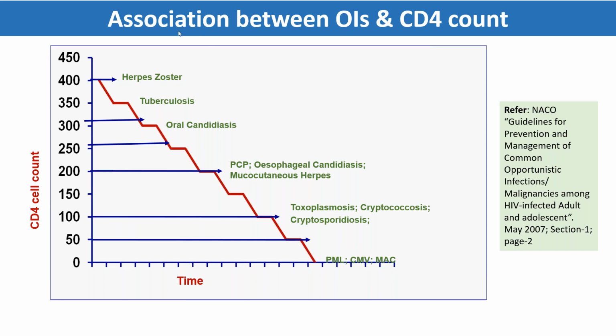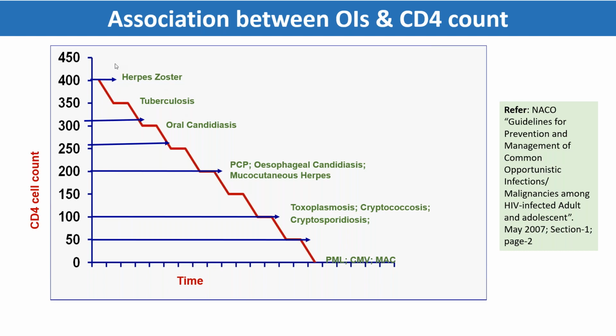Once the CD4 count falls to about 400 to 500, minor infections like herpes zoster, herpes simplex, and others happen. When the CD4 count falls further, tuberculosis starts. In the initial phase, it is usually pulmonary TB. As immune suppression increases, it becomes disseminated TB, extrapulmonary TB.